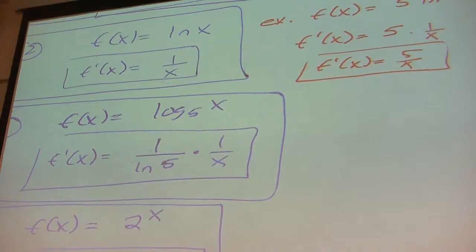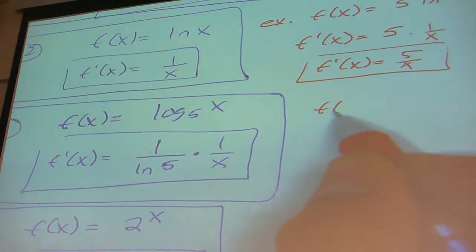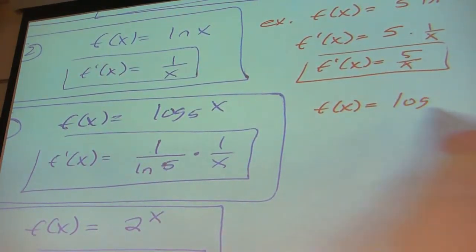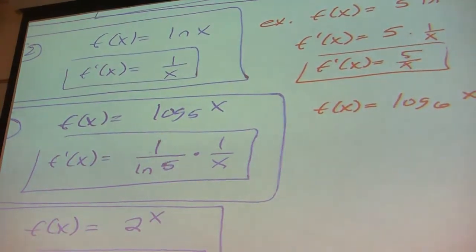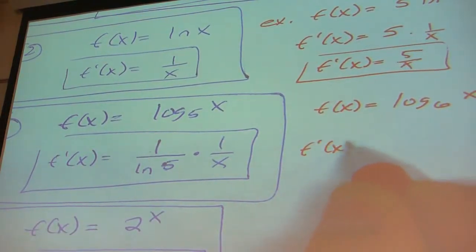Okay? If we had log, let's say we had f of x equals log, pick a number, 6. Log base 6 of x. You look at your formula, what would the derivative be?